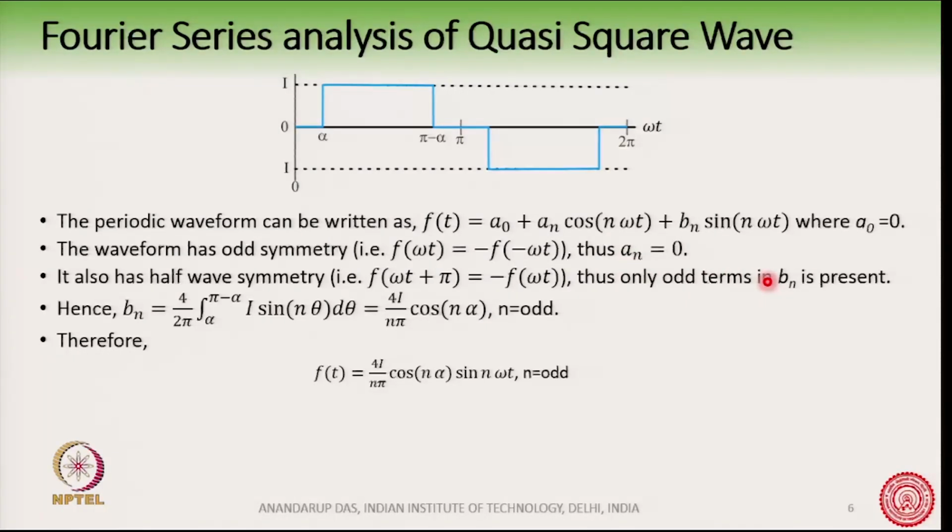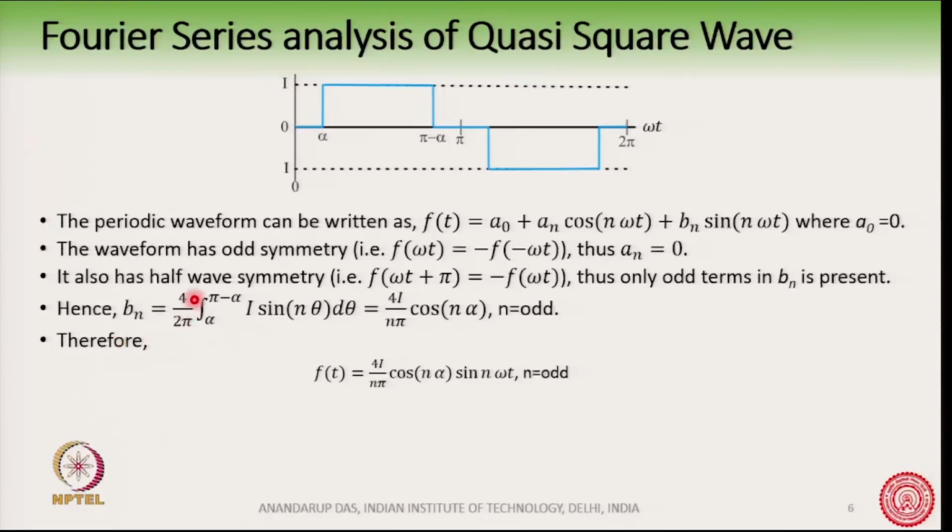It also has half wave symmetry. You can see that f of omega t plus pi is minus of f of omega t. Therefore, only odd terms in Bn are present.